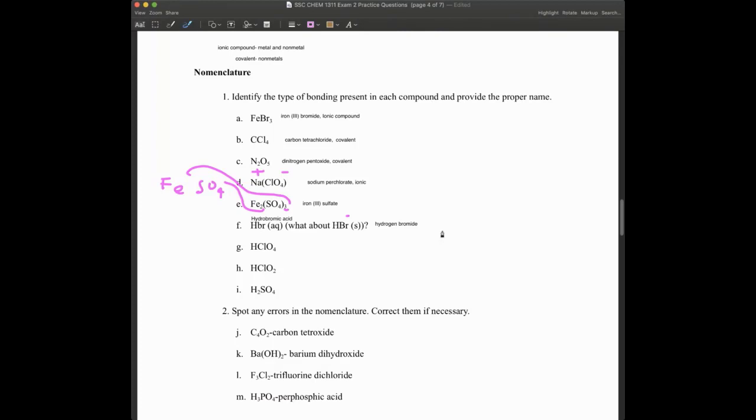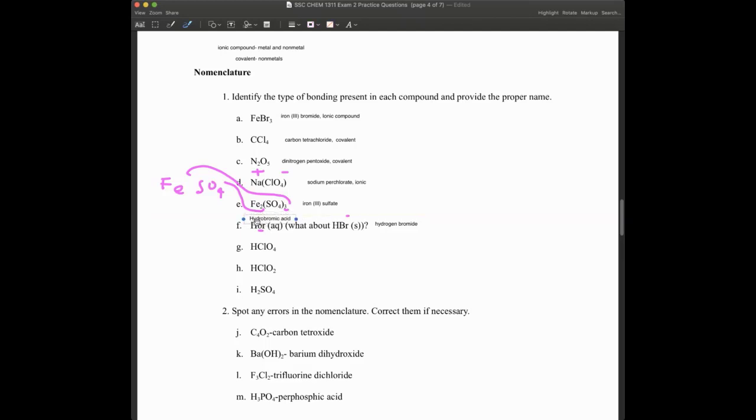Okay, so there are a few questions here. Why did you add ic instead of us for the acid? If you refer back to the chart, we only use ic and ous for the polyatomic ions that have an ate or an ite in them. But if you're making an acid out of just one element, it's going to be the root of the element, which in this case is brom, because it's bromine.